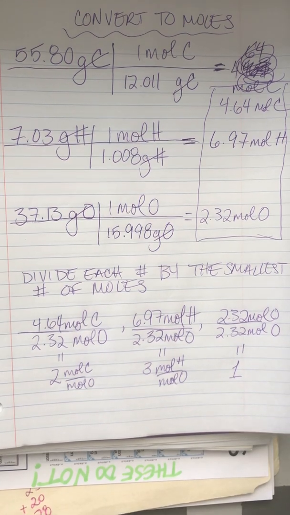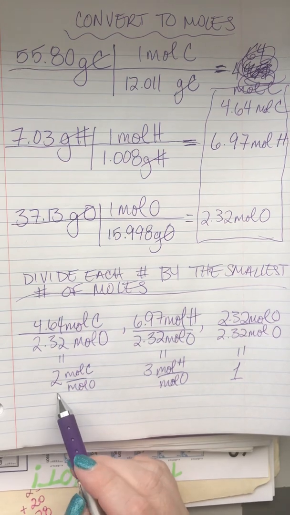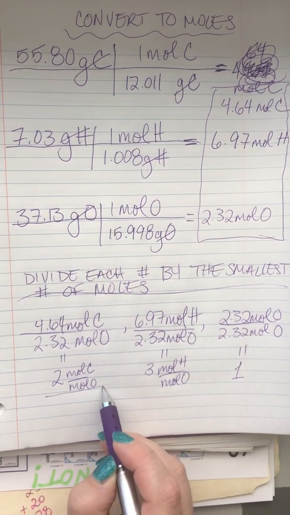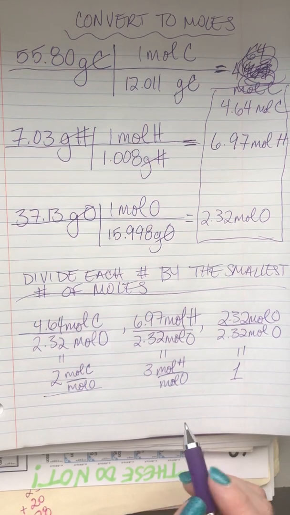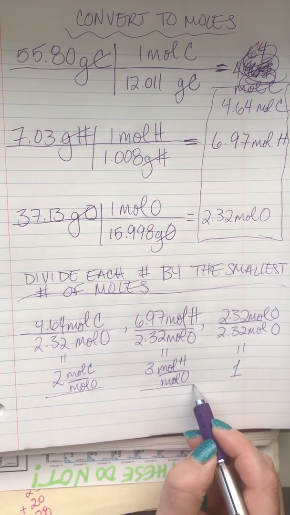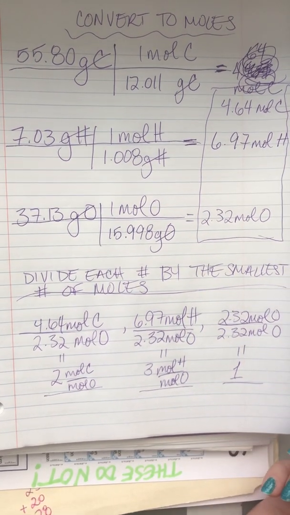So, okay, what the heck did we just do in this step? We figured out the ratio of carbon to oxygen, the ratio of hydrogen to oxygen, and the ratio of oxygen to oxygen is obviously just going to be 1.